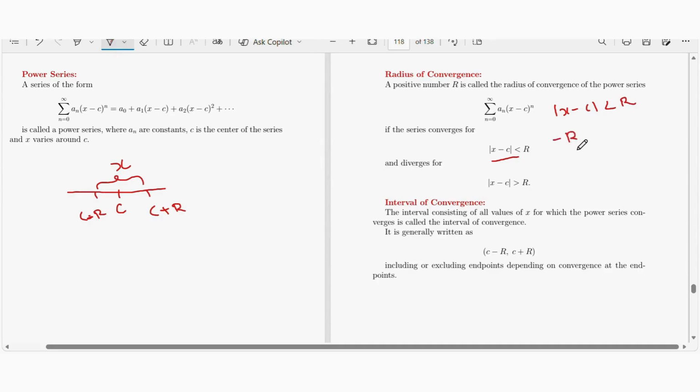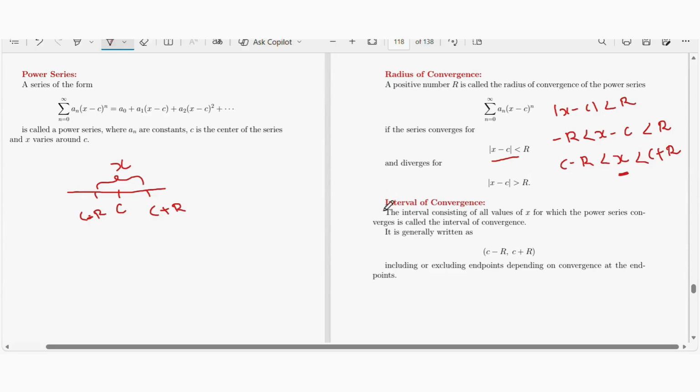Minus r less than x minus c less than r. Okay. Now to remove c, add c on both the side. So what we get? Here c minus r less than x less than c plus r. Okay. So what is the range of x? Range of x is c minus r to c plus r.